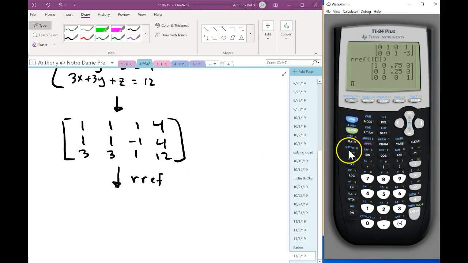And let's see what we get. So I'm going to do mine in spot E. Again, now I'm going to do the RREF on that matrix E that I just made.